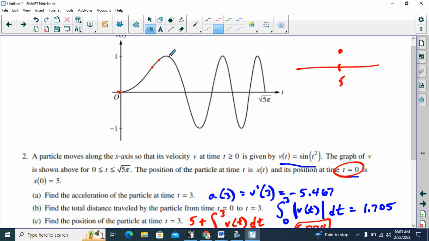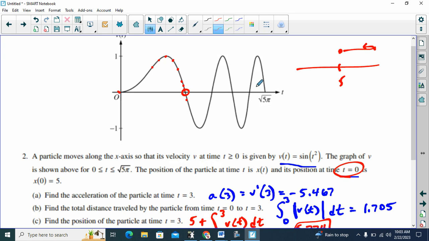And it keeps moving to the right, until this point right here. At that point, now its velocity is negative. So it stops, it moved to the right, and now it turns around and moves to the left. Notice that could be a point where it's furthest to the right. If it never gets back to that point or further, that would be our maximum.